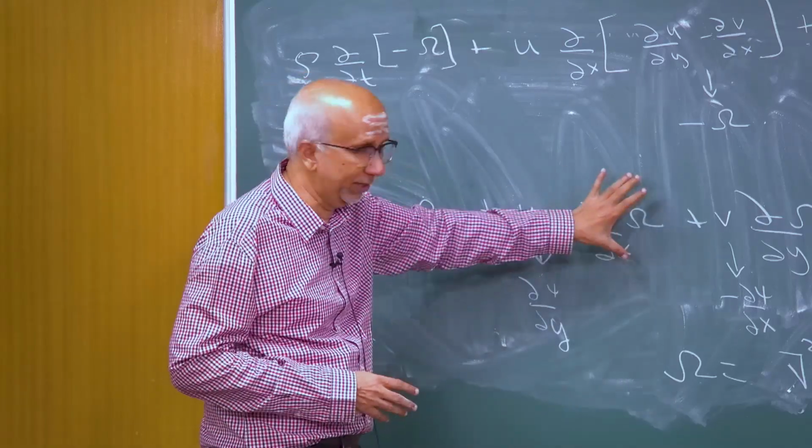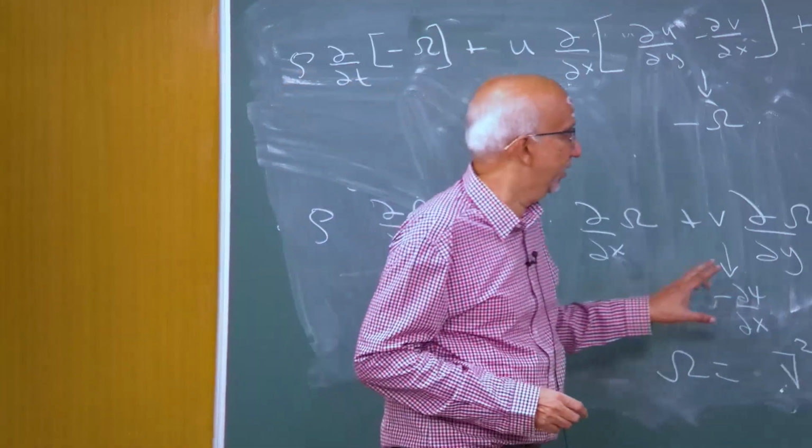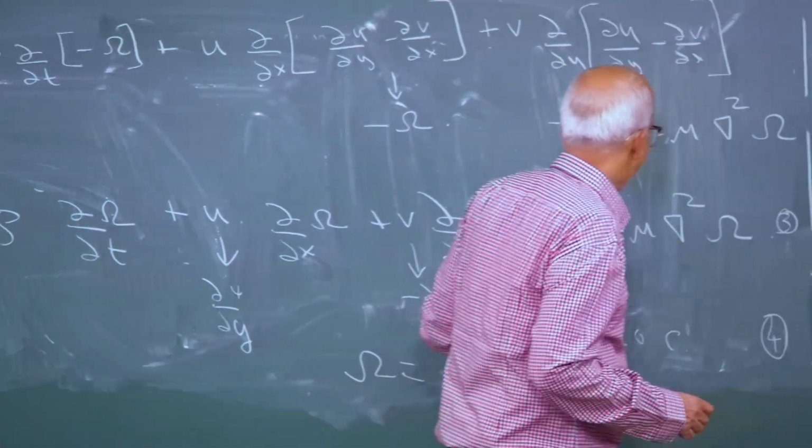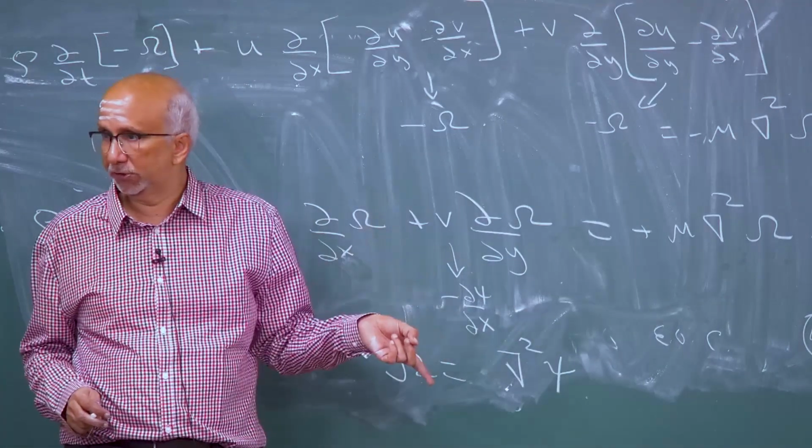So, supposing you can neglect these inertial terms, the terms on the left hand side, then what do you have? Del square omega equal to 0, and omega is nothing but del square psi, so you get del power 4 psi equal to 0.